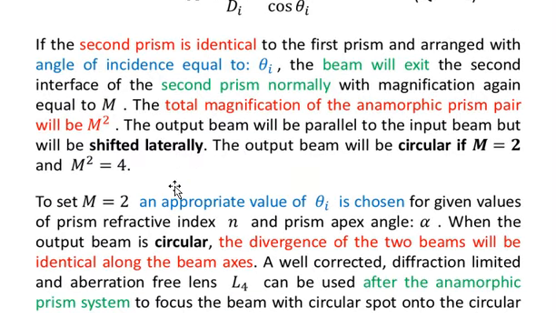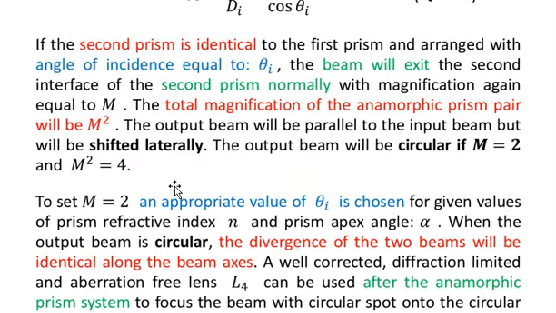So when the two beams, the horizontal beam shown in a dotted line and the vertical beam shown in a solid line, come out from the second prism, the diameters of these two beams will be equal to each other, but the beam will have some divergence, and the divergence of these two beams will be equal to the divergence of the vertical beam, that is theta equal to theta perpendicular.